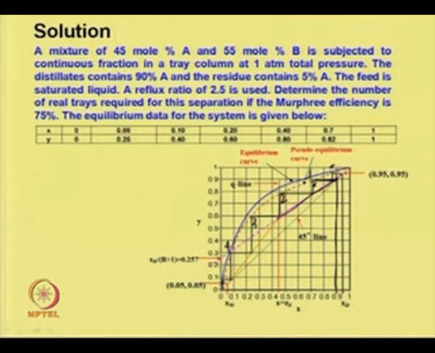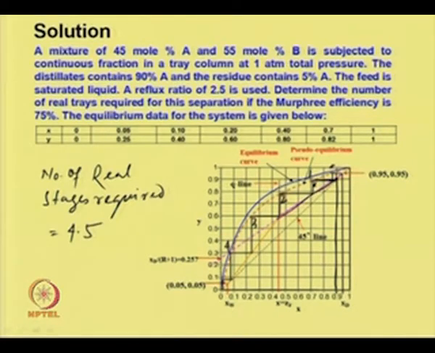Total number of real stages required is equal to 4.5. The staircase construction is drawn between the operating line and the pseudo equilibrium line, which is drawn using the Murphy efficiency.